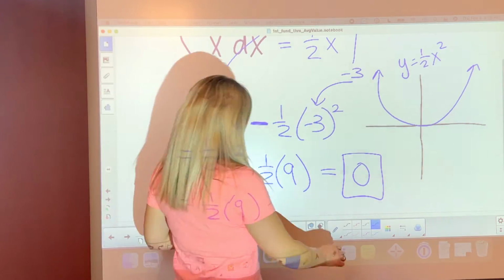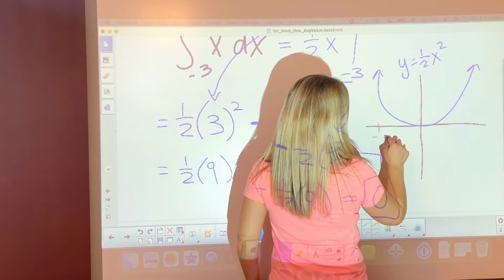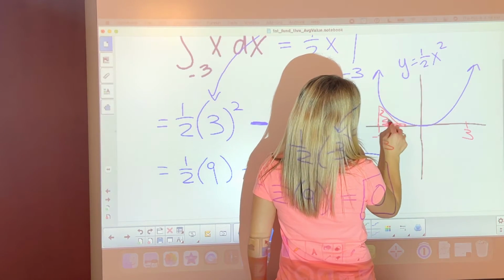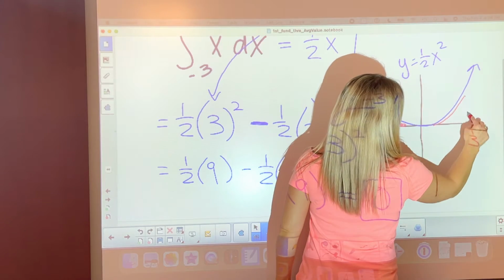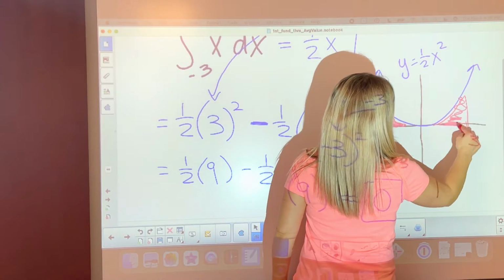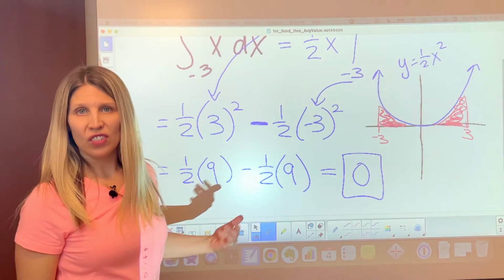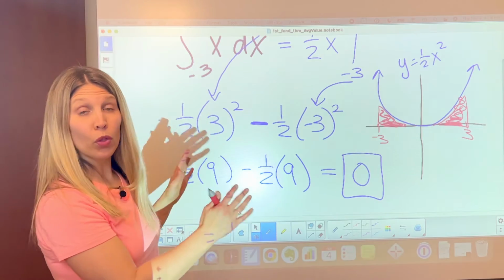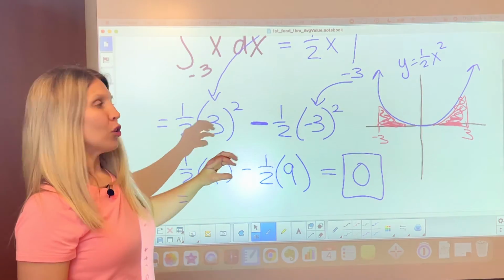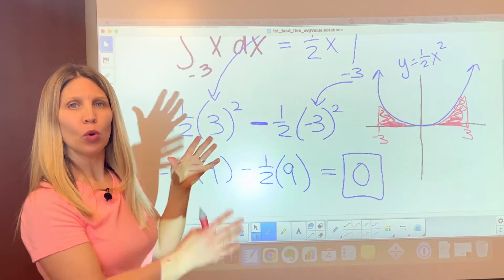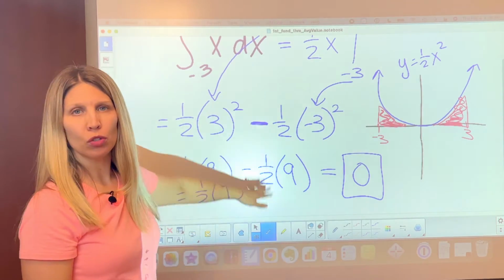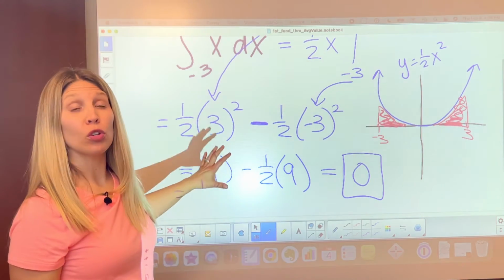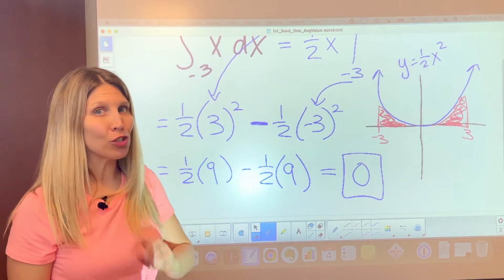So if I look at my values from -3 to +3, this whole piece right here and this whole piece right here are the same area. As you can see, the area under the curve for both of those sides are exactly the same. So you're taking one side and subtracting the other side. Both areas under the curve are exactly the same, and you subtract them out, and that's why you get 0. You don't have to graph all of these functions, but I want to show you why sometimes you will get 0, because it might just come up again.